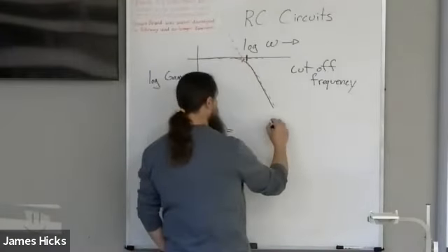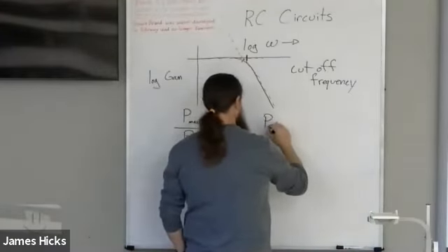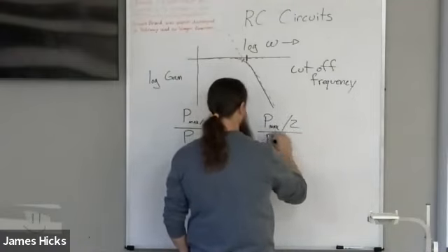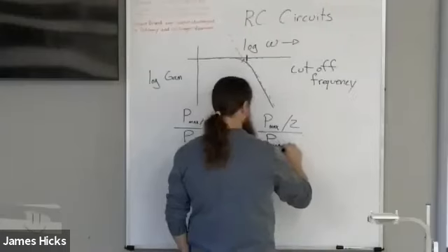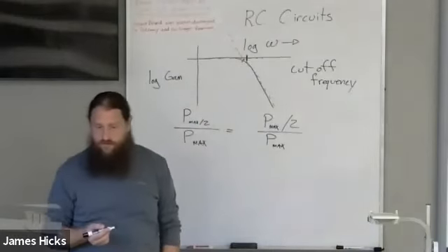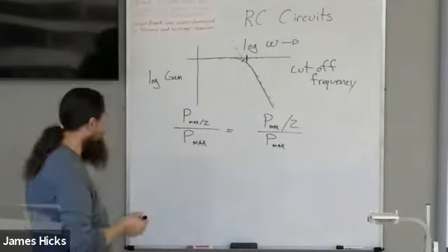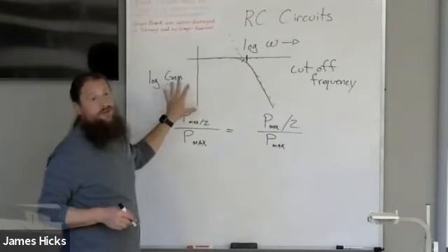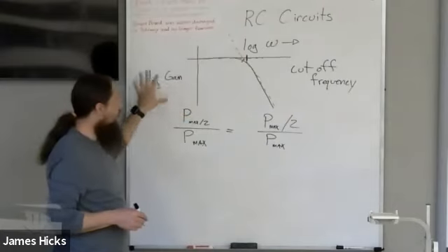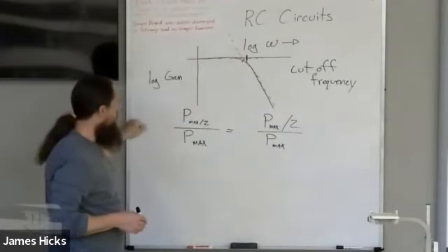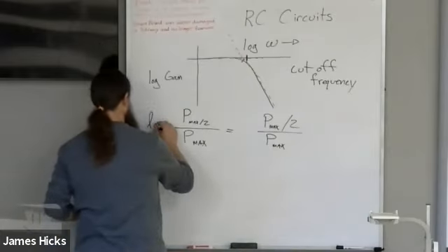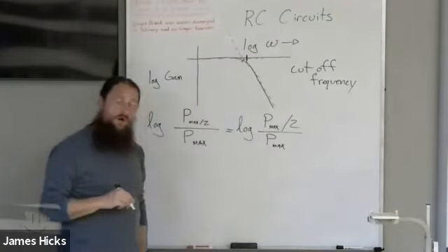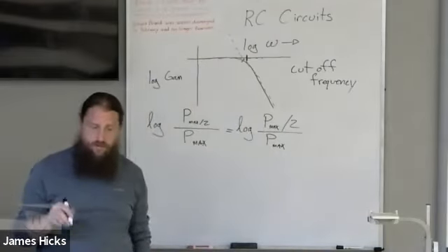This is going to look like Pmax over 2 over Pmax, right? Nothing too complicated. But I was looking at this graph in terms of logarithms. So I want to look at the log of this power ratio.